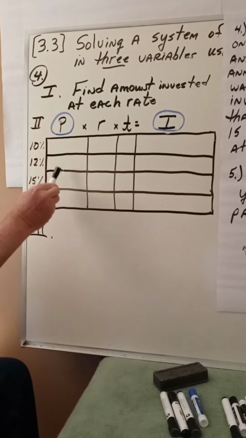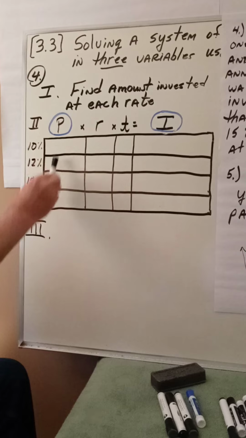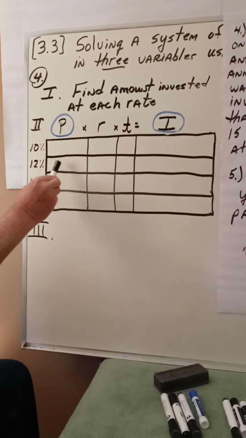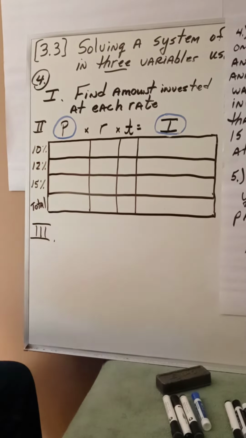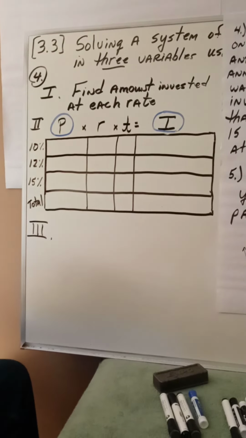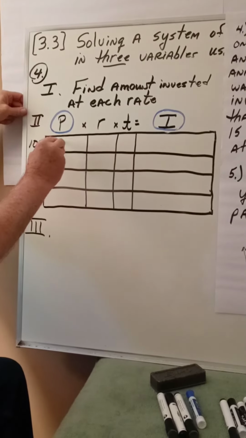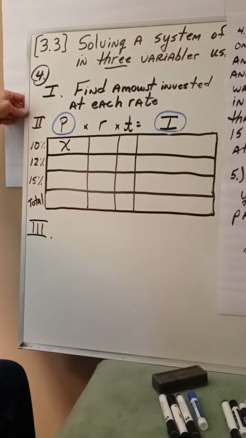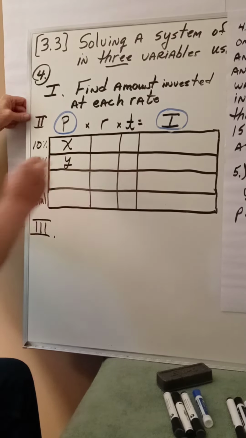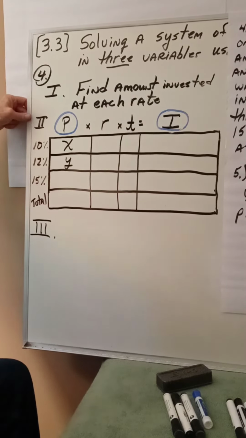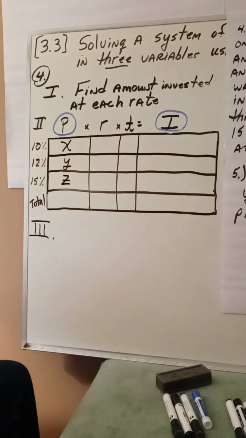We don't know anything about the amounts of money invested at each of these rates. So we're going to pick 3 different variables, and we'll stay with X, Y, and Z. We're going to let the 10% investment be X amount of dollars, the 12%, Y amount of dollars, and the 15% Z amount of dollars.